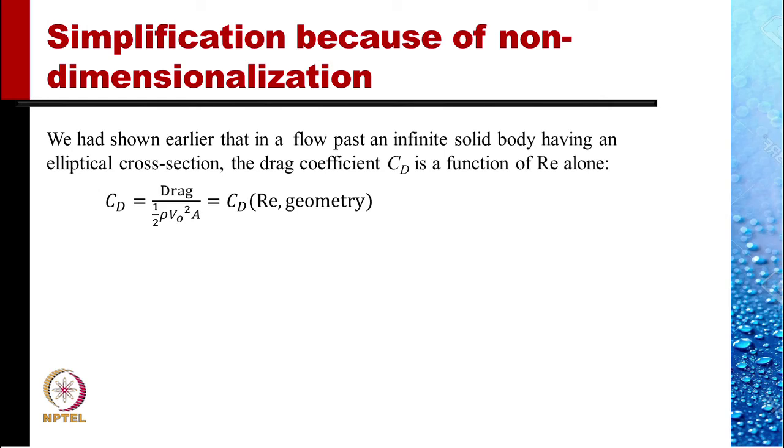And this was a function of Reynolds number and geometry. 1/2 rho V naught squared is like the characteristic pressure, and times the area would give you a force. So drag divided by 1/2 rho V naught squared times area. We have to select a characterizing area.